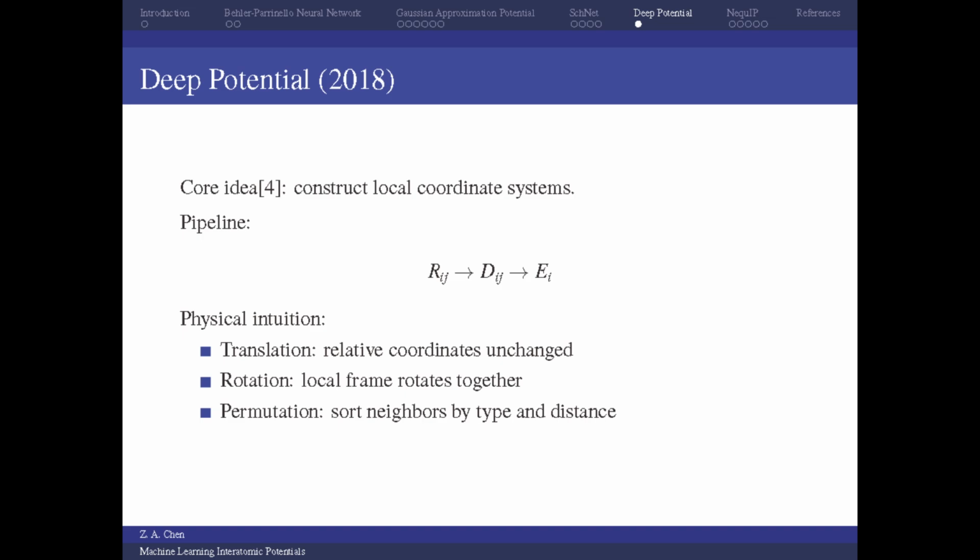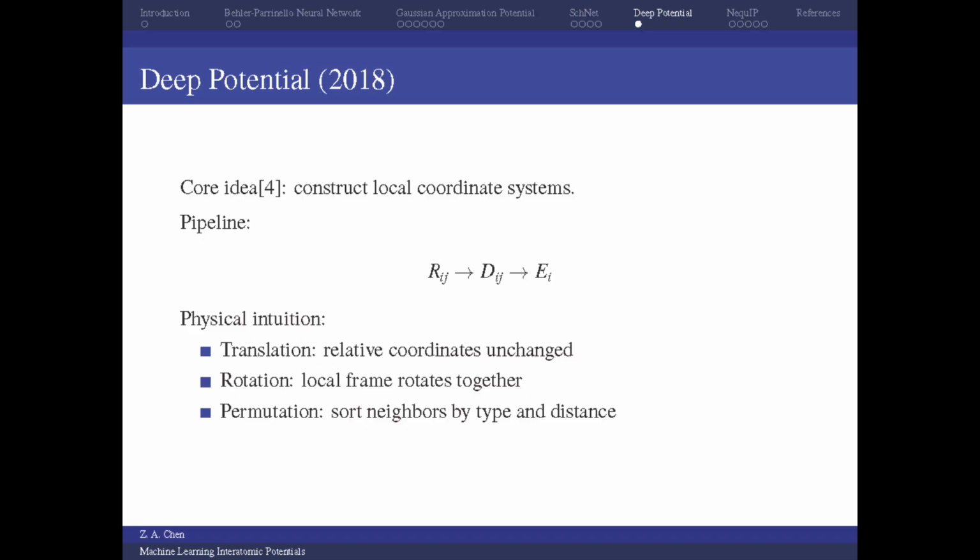Another important work is Deep Potential from 2018. The key idea here is constructing a local coordinate system for each atom. Instead of relying entirely on invariant descriptors, the model transforms neighboring atoms into local coordinates.